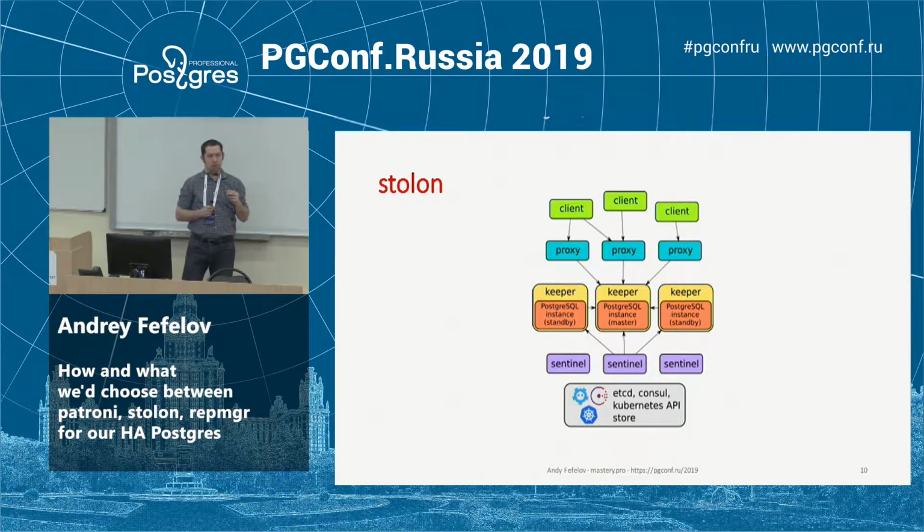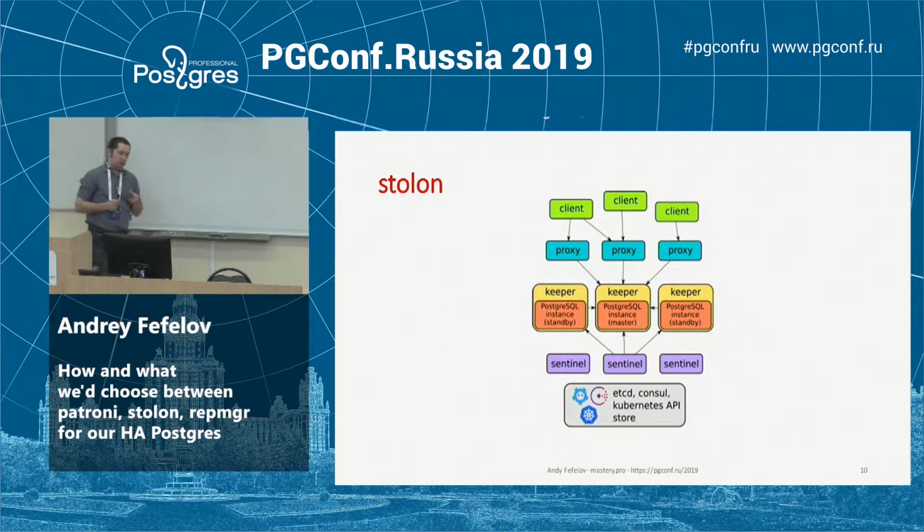Stolon is the only solution on the market which provides you a proxy as a part of the cluster. And the developers say that this will help you to correctly cut off transactions when the master is moving from one node to another.